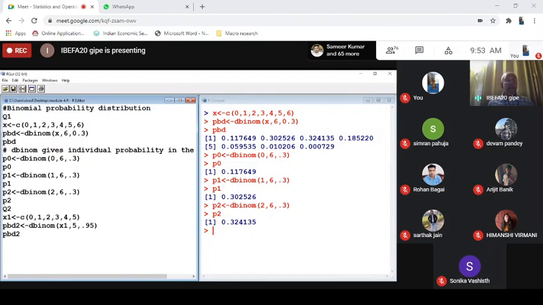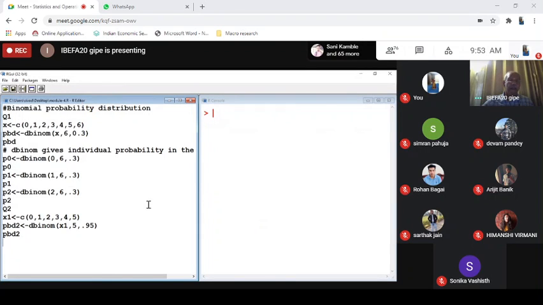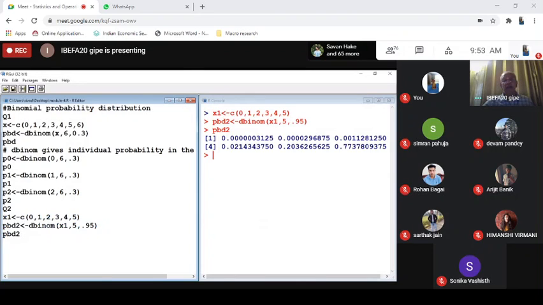I have the probability. Let us see how the answer is. Got it. Probability for 0, probability for 1, probability for 2, probability for 3, probability for 4, probability for 5.